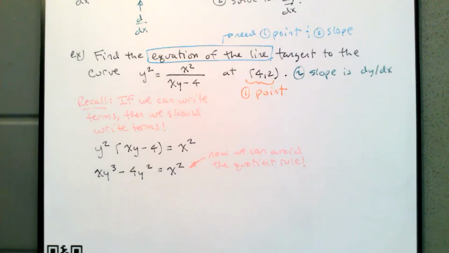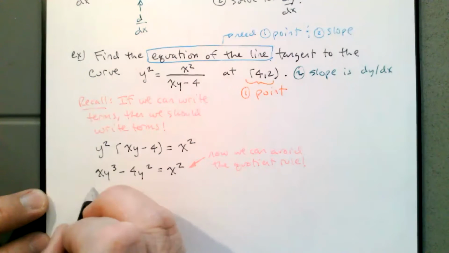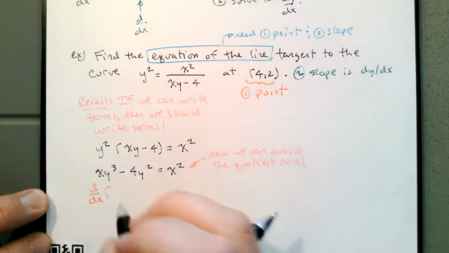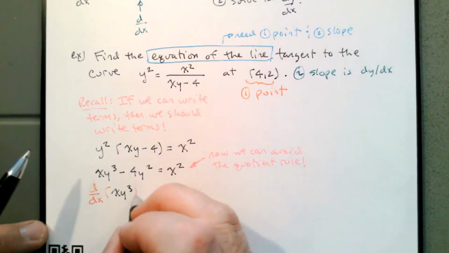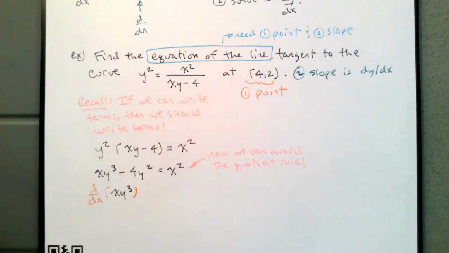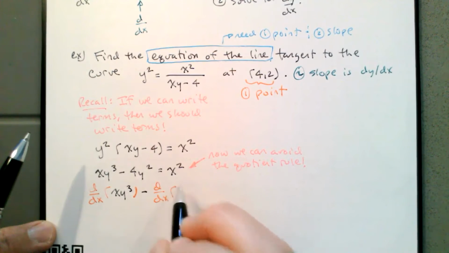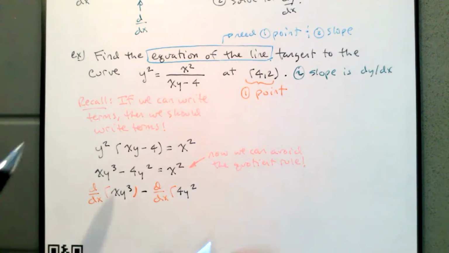If we can write terms, then we should write terms. Now I can use implicit differentiation. I'm going to take the derivative with respect to x of all these terms. So the derivative with respect to x of xy cubed, which is going to need a product rule, minus the derivative with respect to x of 4y squared, which is just going to be a chain rule question.